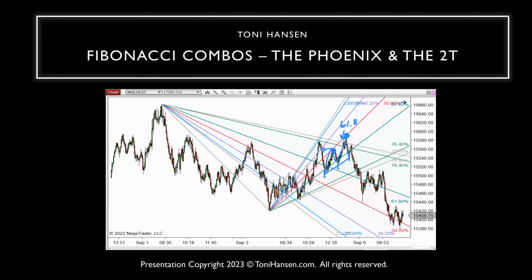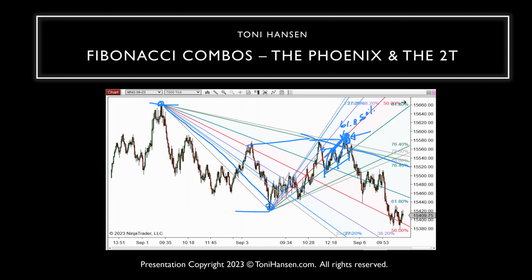And what you'll notice here is that when we take our fib band from the high to the low, that's also corresponding to the 76.4% fib band there. And it's about the 61.8% Fibonacci retracement level as well. So you have multiple types of things kind of coming together here, where it's also retesting the 50% fib band.